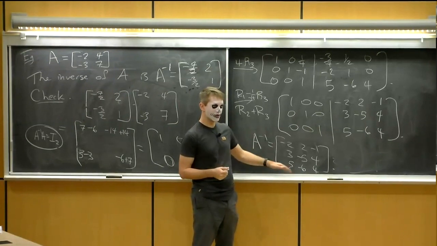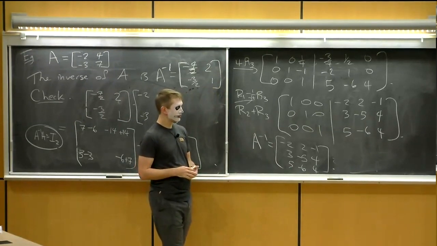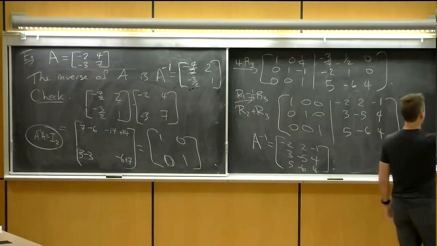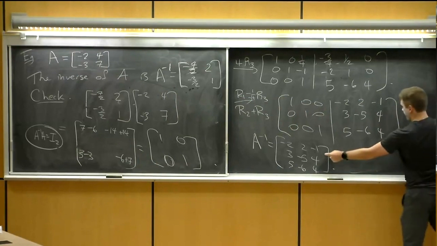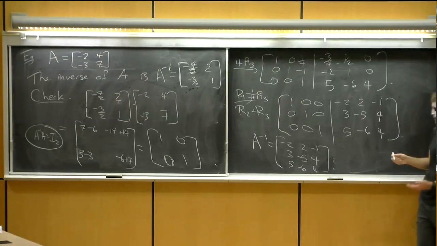If you want to know for sure this is right. Yeah, exactly. Just go back to your original, right? And just in either order, take A times this, or this times A, it doesn't matter which order. And if you get the identity, then you know you have to be right.